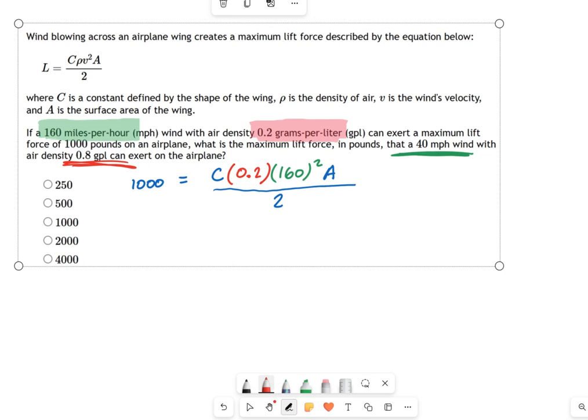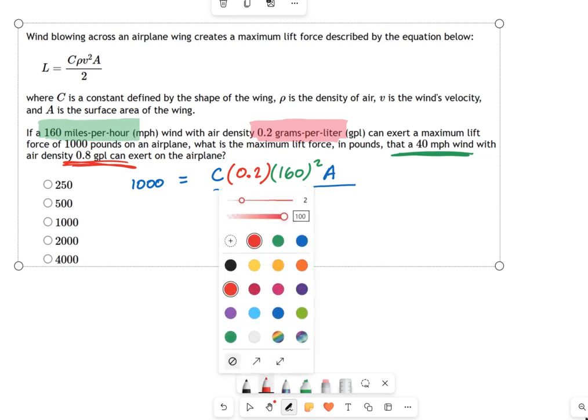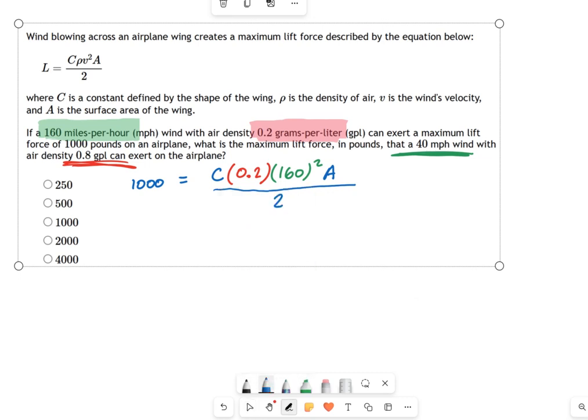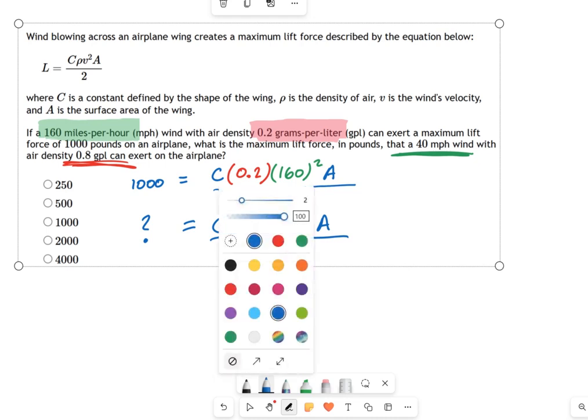Well, think about what's happening here. I'm going to try to write this equation with as much as I know in it, and there's some stuff missing. So question mark, this lift equals, well, there's a C and there's an A and there's a divided by 2. I know those. But what do I know that has happened to the density, for example?